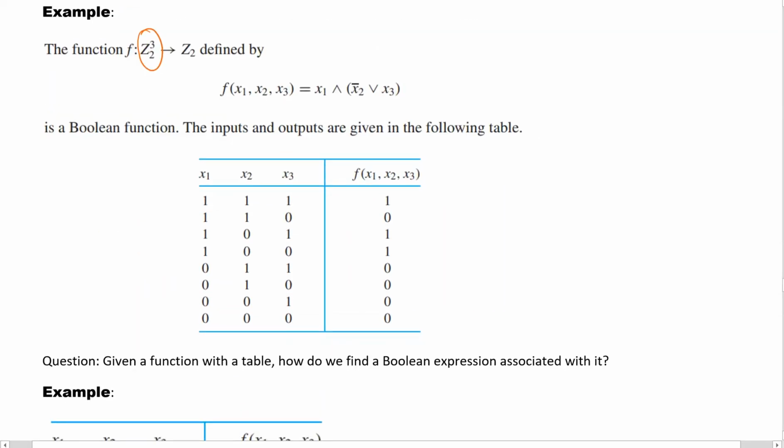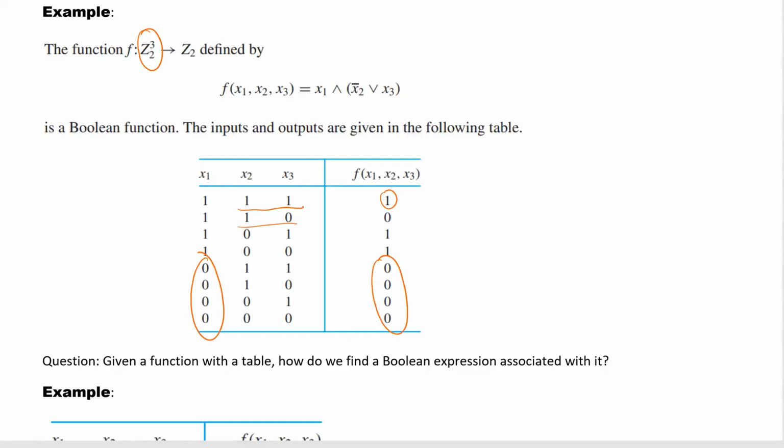So we can check how we come up with this table. If x1 is 0, then all of them are going to be 0, right? And if x1 is 1, then it is 1 and whatever the other part is. Here not 1 is 0, 0 or 1 is 1, so 1 and 1 is 1.